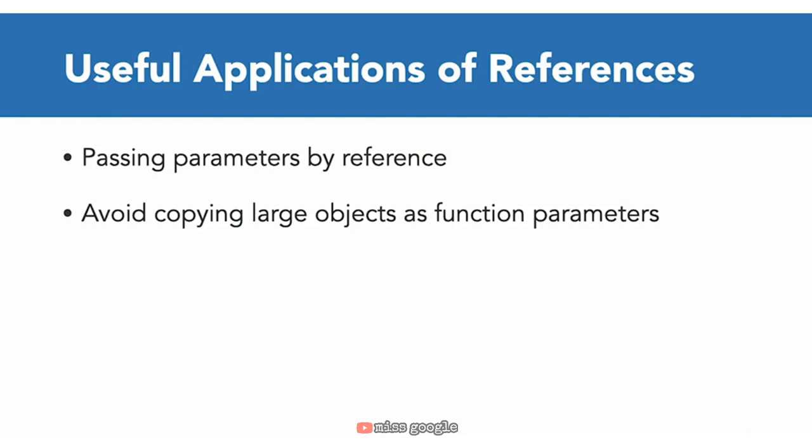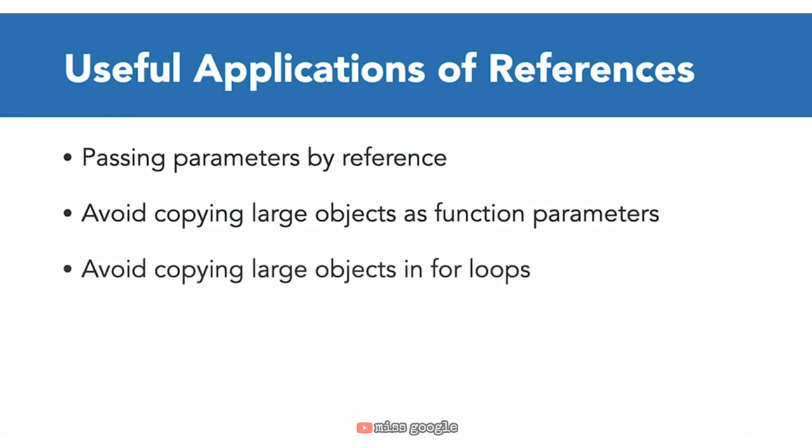If you use a parameter by reference, the program will not end up making an unnecessary copy of that data. And the same applies to for loops. There's a special form of for loops that uses a variable to iterate through a container like an array or vector. This variable may require to copy each element in each iteration. References help us avoid this unnecessary copying of data.